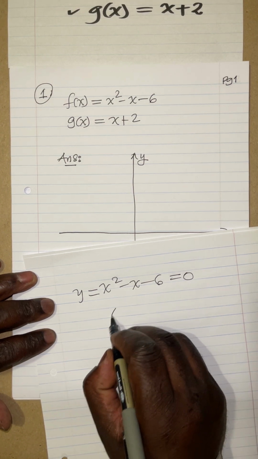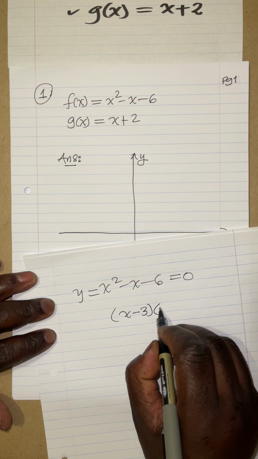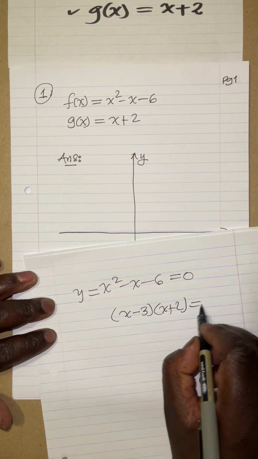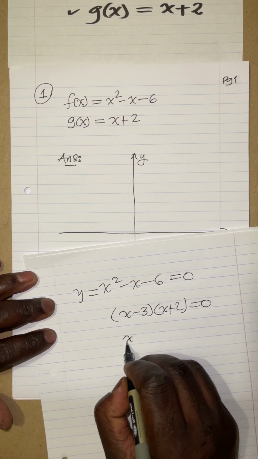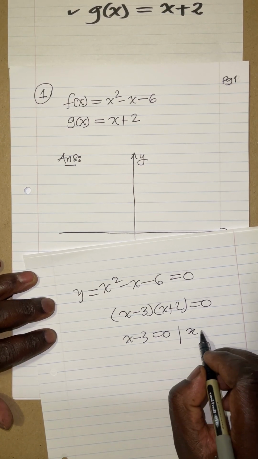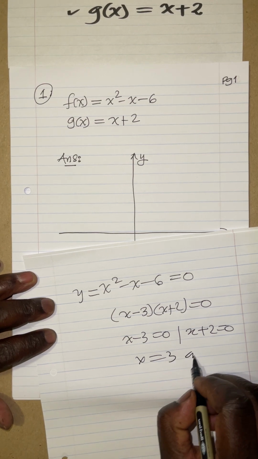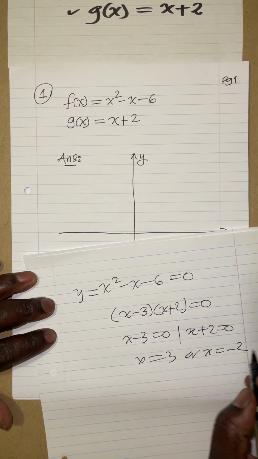Factorizing this, it is x minus 3 times x plus 2 equals 0. So we have x minus 3 equals 0 or x plus 2 equals 0. This gives us x equals 3 or x equals minus 2.